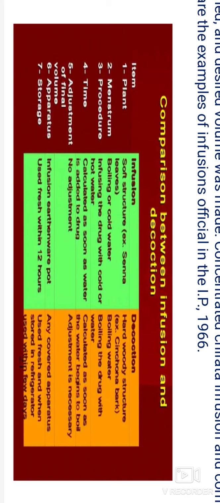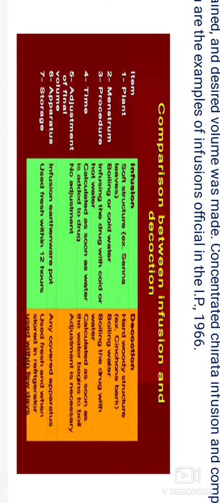Time is calculated as soon as the water begins to boil. Adjustment of final volume is necessary. Any covered apparatus is used for decoction. Then used fresh, and when stored in a refrigerator, used within a few days. These are the storage conditions. Okay, these are the comparison between infusion and decoction.